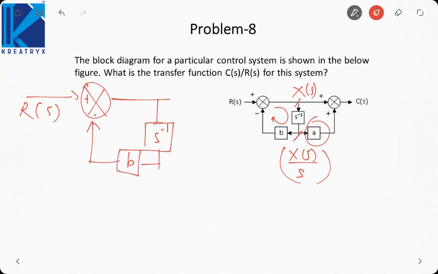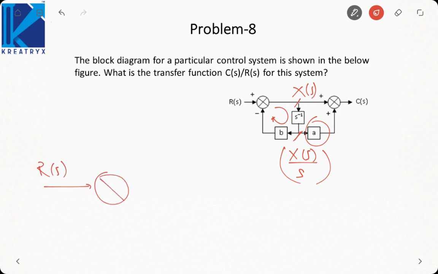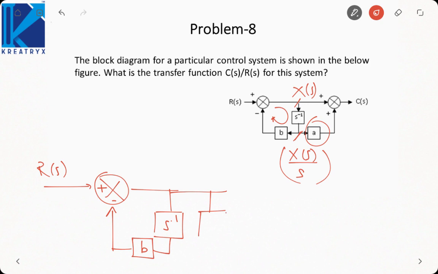Here I take again S inverse, and here they will be summed. Rather, let us draw it someplace else. Suppose I redraw this block diagram as R(s), here it will be S inverse and here it will be B. Here I am again taking S inverse, here it will be A, and this would be in a summer.